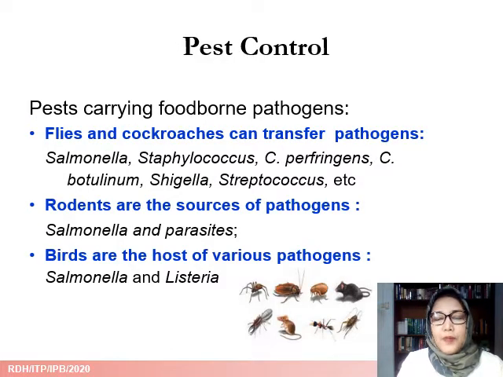Our last subtopic is pest control. Pests in food industry can carry foodborne pathogens. Flies and cockroaches have been proven to transfer pathogens such as Salmonella, Staphylococcus, Clostridium perfringens, etc. Rodents are the sources of pathogens such as Salmonella and parasites, and birds are the host of various pathogens including Salmonella and Listeria.